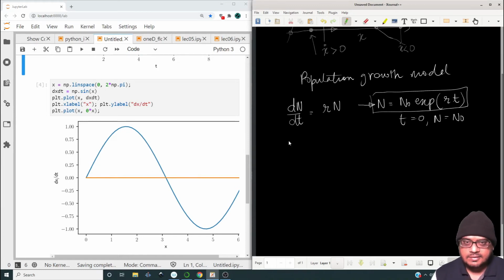So in that case, for large values of N, we can say that N dot upon N should then decrease.